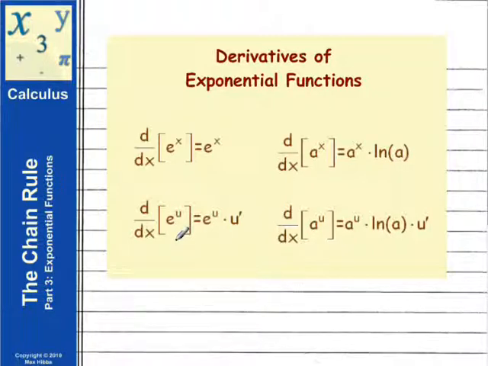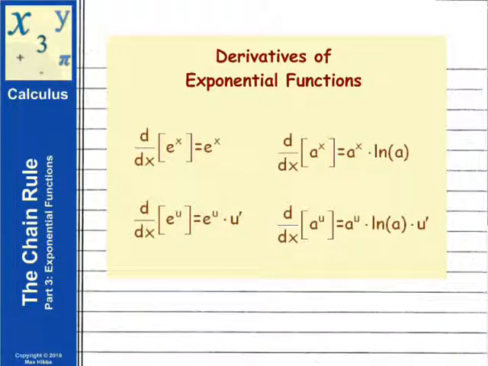Or the chain rule version: the derivative of e to the u is e to the same power times the derivative of the power. Well, if we have the derivative of a constant to some u power with respect to x, where u is some expression in x, then it's exactly the same a to exactly the same power, but then we multiply with the natural logarithm of the base, a, and also multiply with the derivative of this exponent.